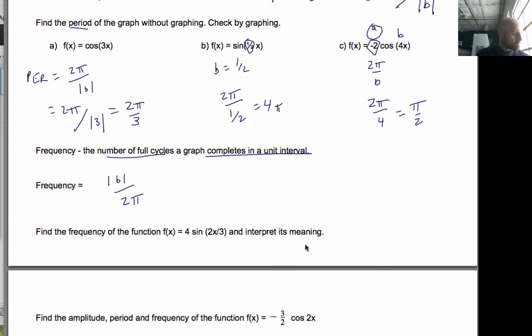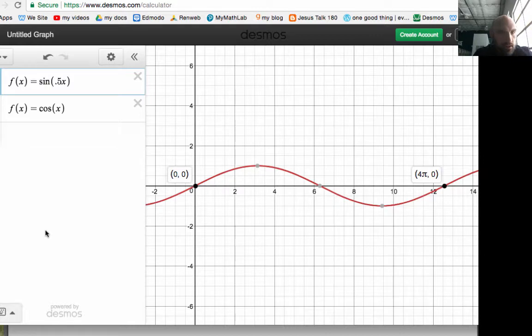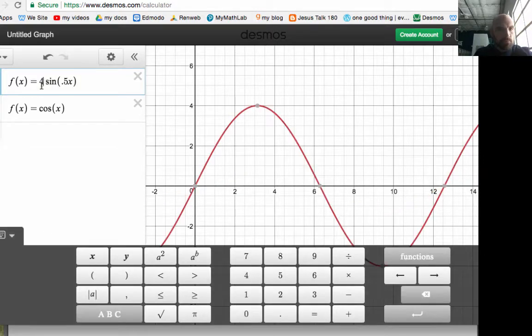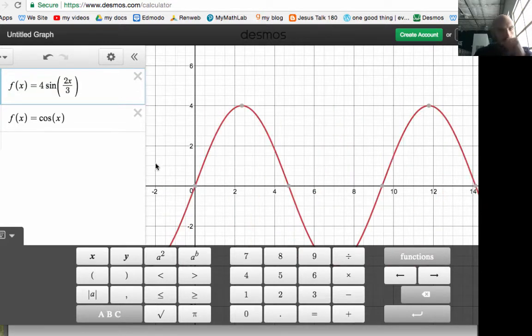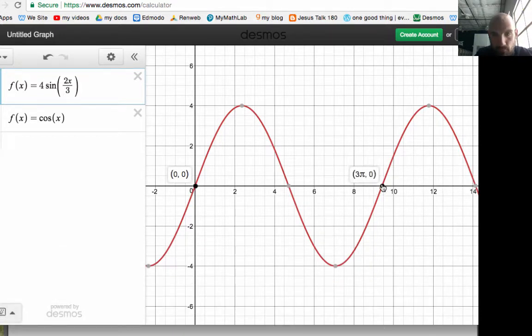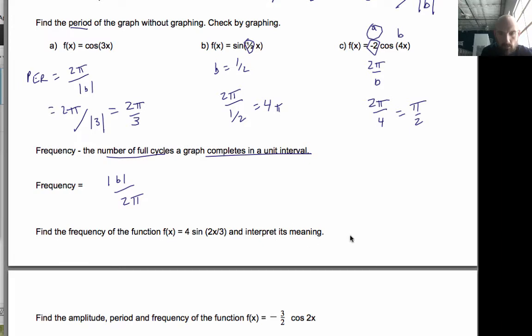When we look at that, that's actually going to give us an idea of what this looks like. So here, let me see, 4 sine 2x, 2x divided by 3. Okay, so check out the period here. The period is actually 3 pi, so let's look at how these are related.